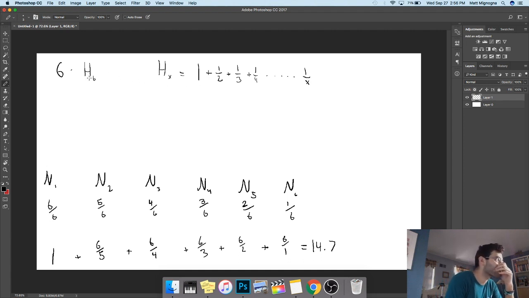So for 6, the harmonic number would be 1 plus 1 over 2 plus 1 over 3 plus 1 over 4 plus 1 over 5 plus 1 over 6. That's the harmonic number, right? And then to find the expected wait time for a problem like this, we'd multiply this by 6.